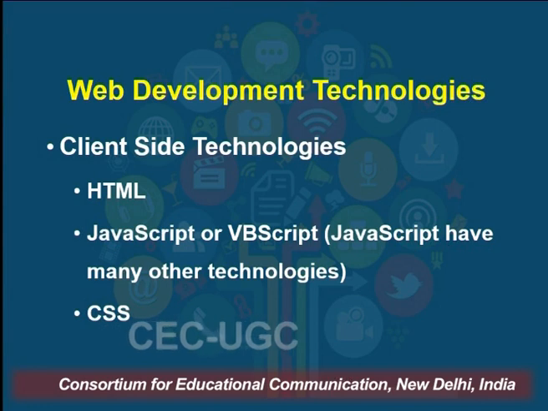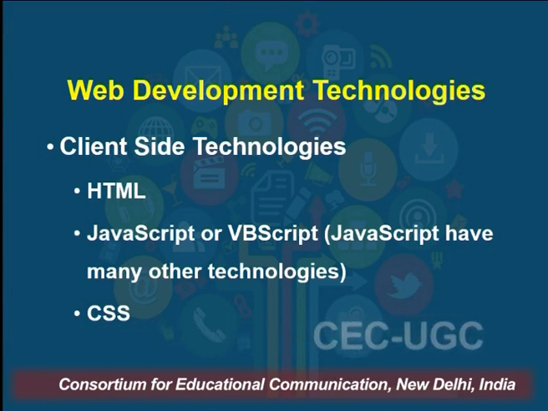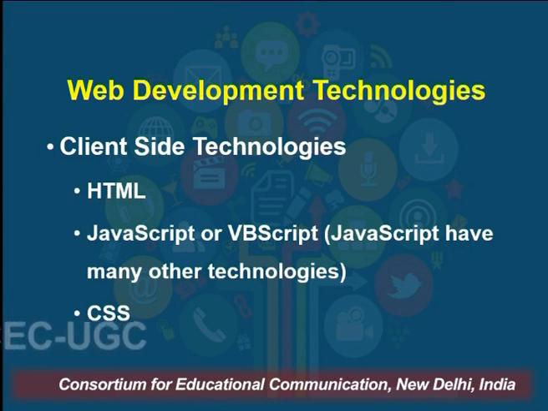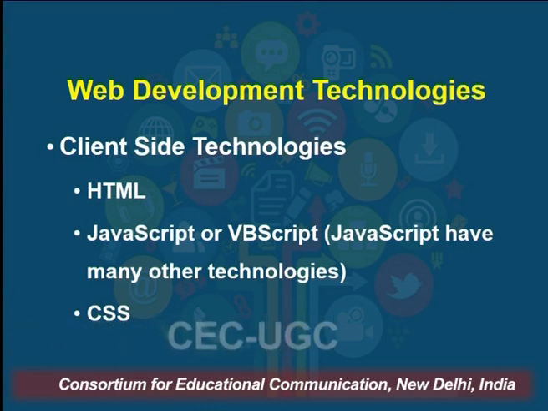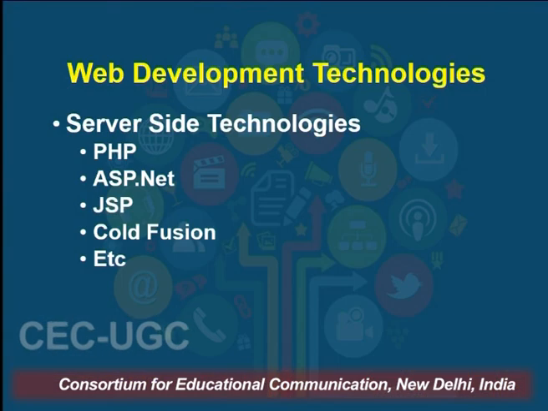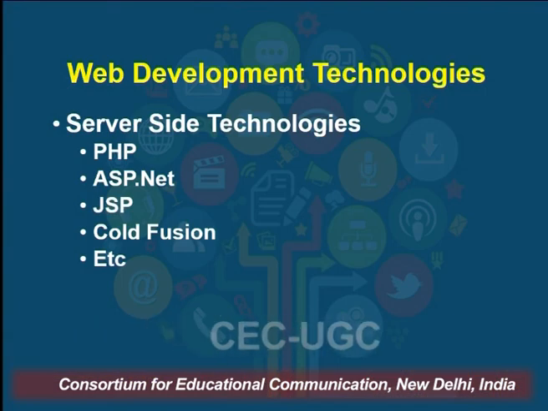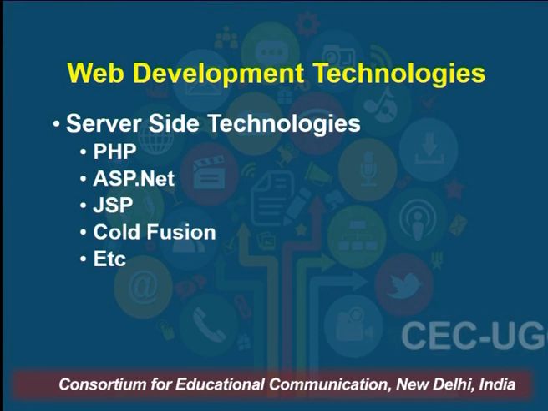These technologies are used basically for designing and some preliminary or minimalistic data validation requirements of the user. Server side technologies can be a myriad, like PHP, ASP, JSP, ColdFusion; multiple types of technologies and platforms are available these days. And there are some technologies like XML which can be used both at the client as well as the server side.